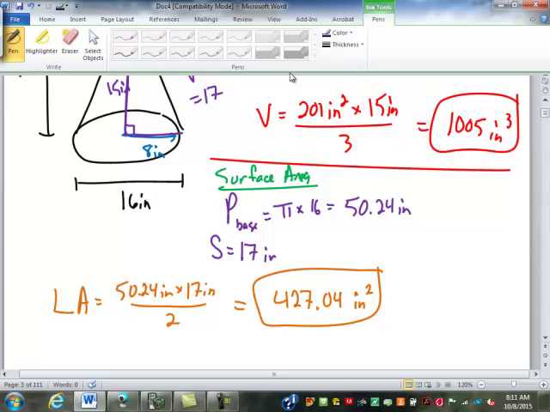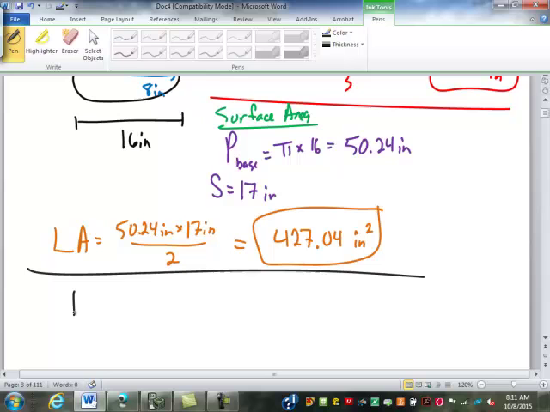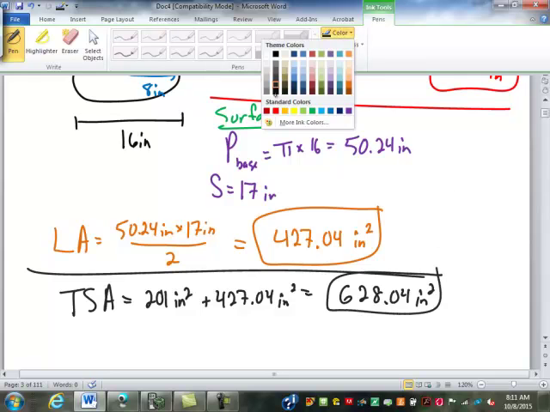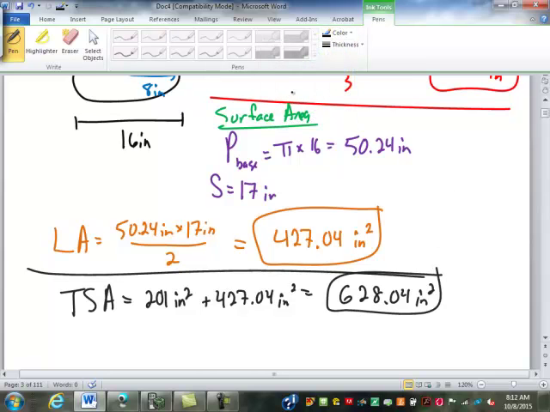So now that's lateral area. Total surface area will be the base, the 201 square inches, plus the 427 for the lateral area, giving us 628.04 square inches. What do you think? Still better than a sharp stick in the eye?